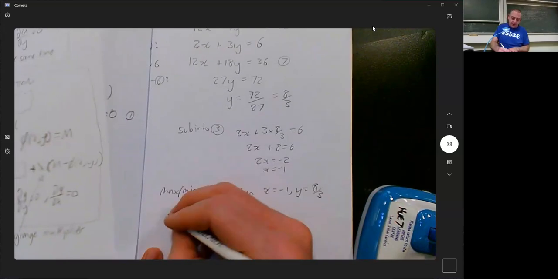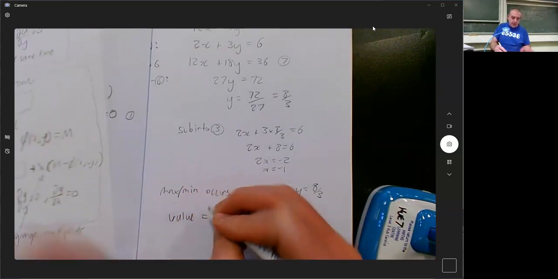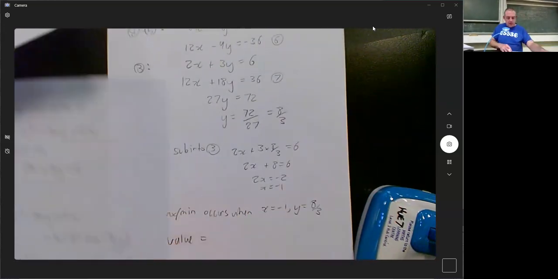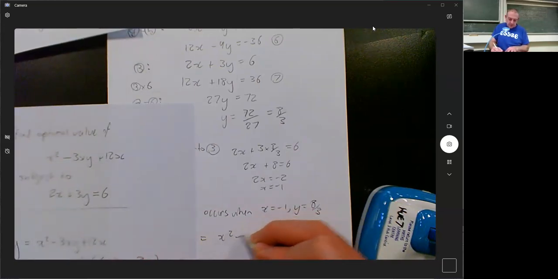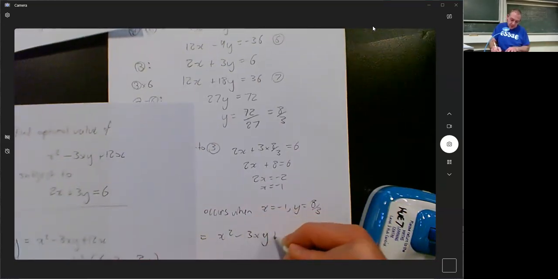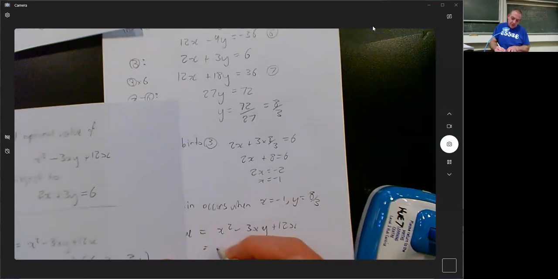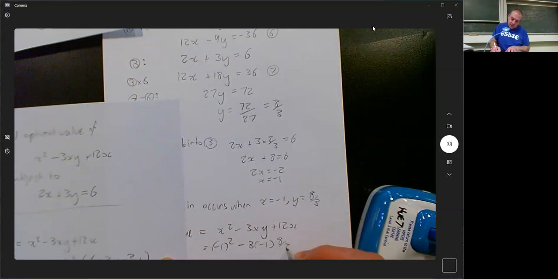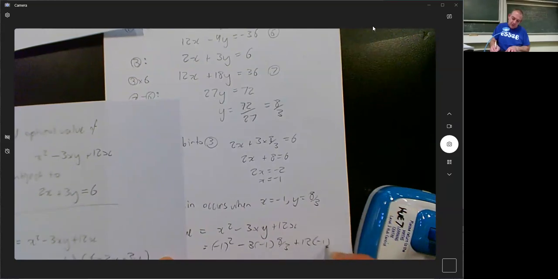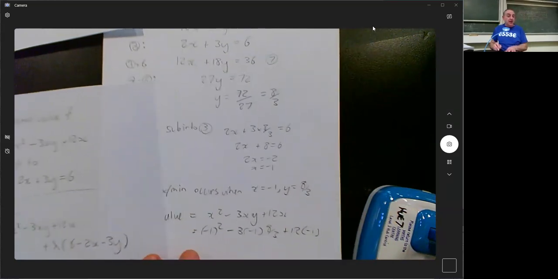The actual value is x squared minus 3xy plus 12x, which is minus 1 squared minus 3 times minus 1 times 8/3 plus 12 times minus 1. That's what the answer is going to be at that point.